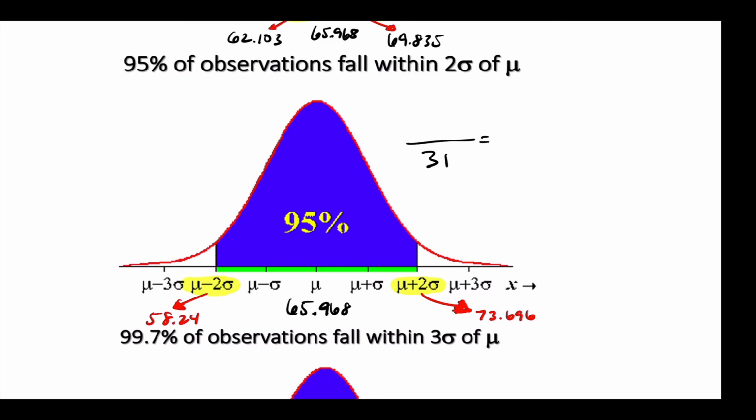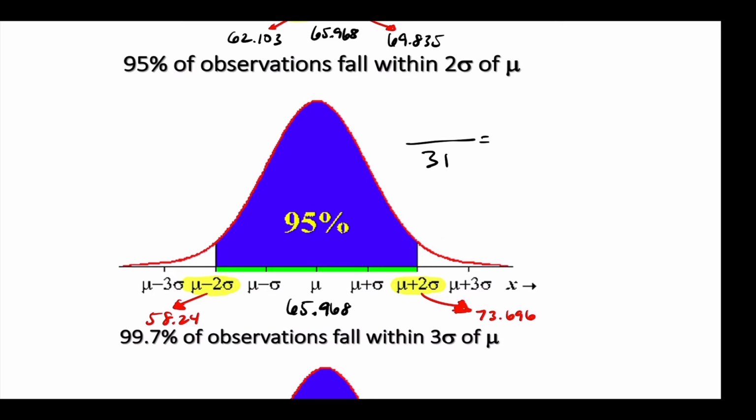So if I double the standard deviation, I get 7.728. And then if I add it, I get 73.696. Yeah, that one's okay. Double and subtract. Yeah, that's right. I get those.